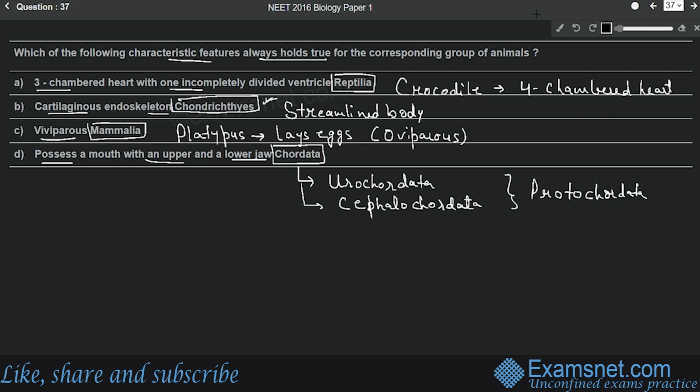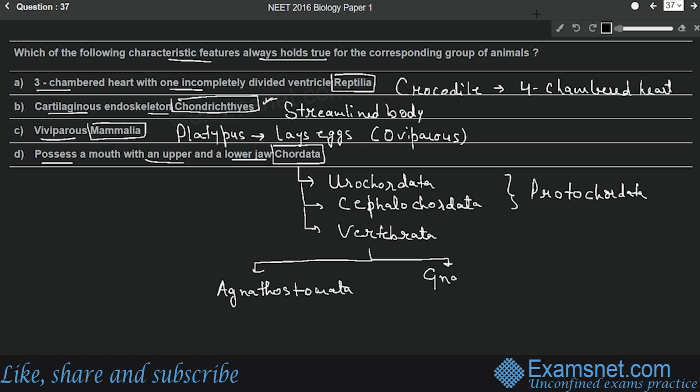And the third subphylum is Vertebrata. Now this Vertebrata is again divided into two groups. First one is Agnathostomata, or in short you can say Agnatha. And the second one is Gnathostomata.